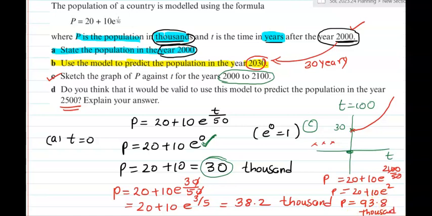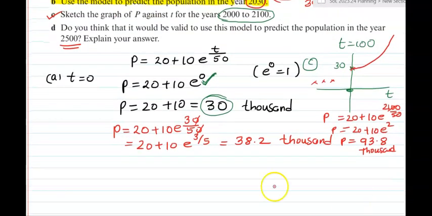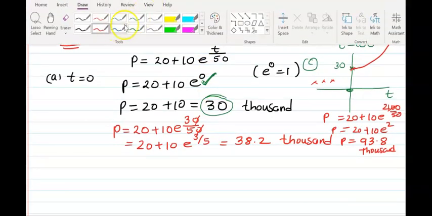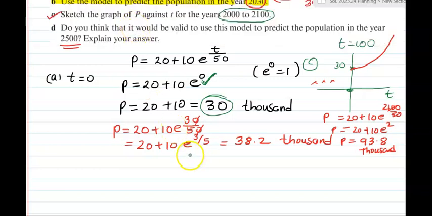And in part D, they are asking: do you think it would be valid to use this model to predict the population in the year 2500? From 2000 to 2500, how many years are there? 500. And in 500 years you never know what is going to change.